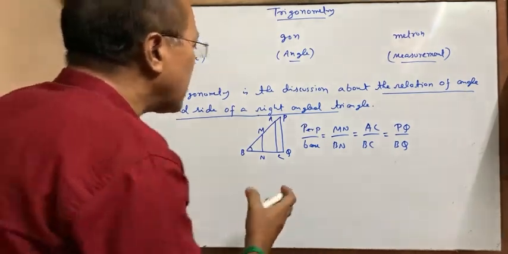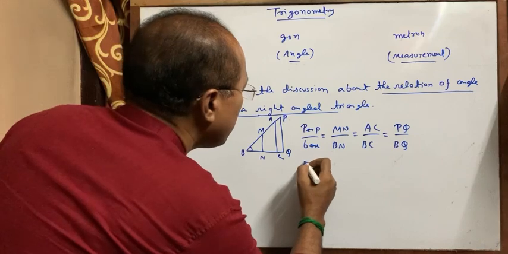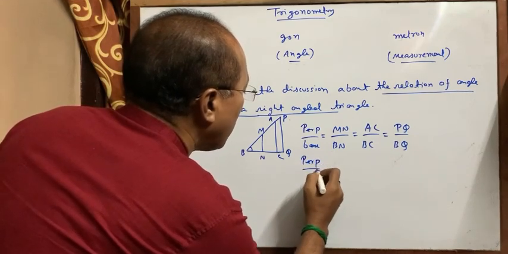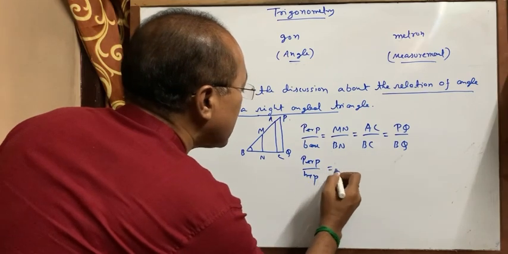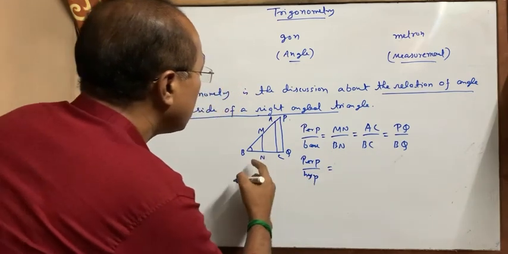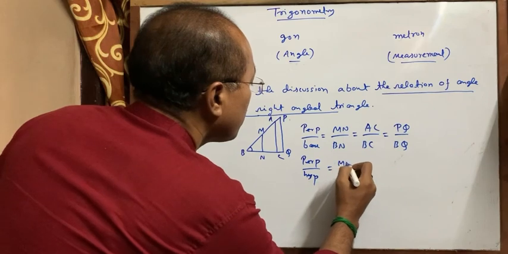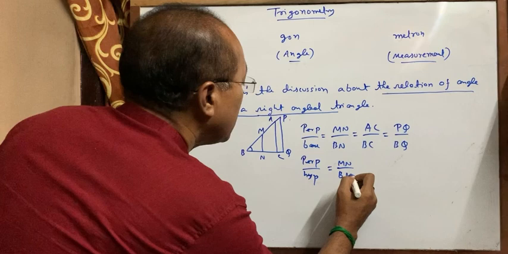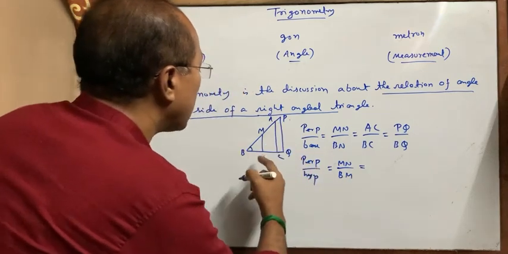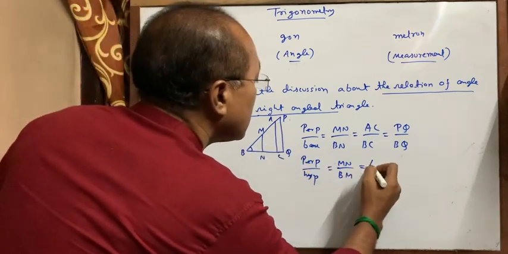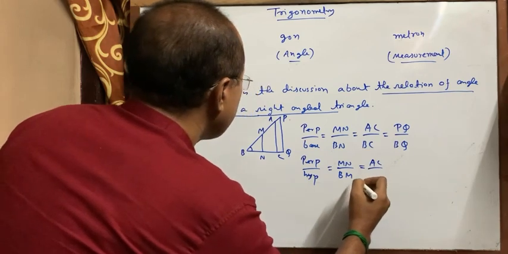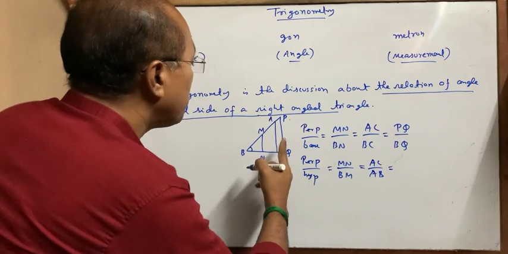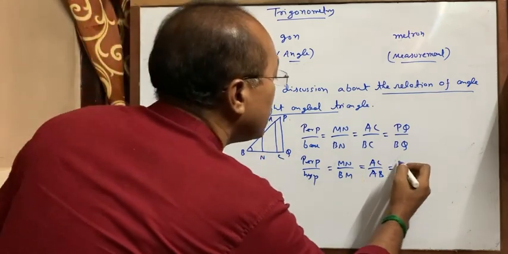Similarly, another ratio can be found: perpendicular by hypotenuse. What is that? Here it is MN by BM. Then for the next triangle ABC, AC by AB, and this one is PQ by PB.